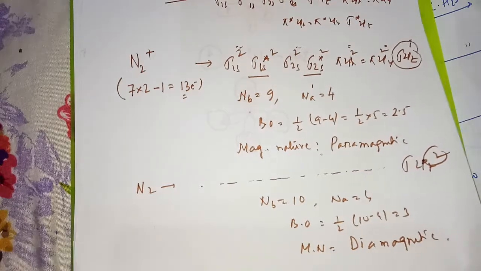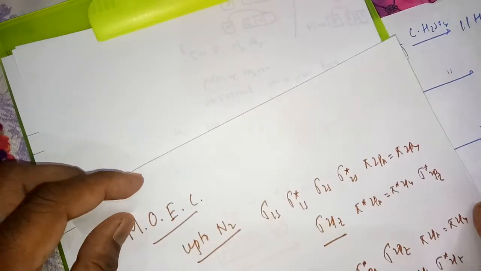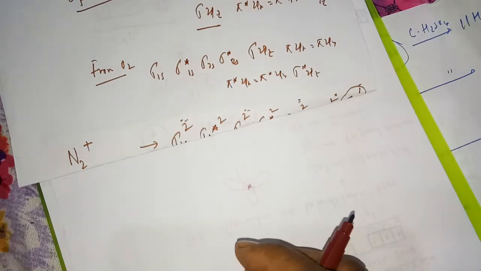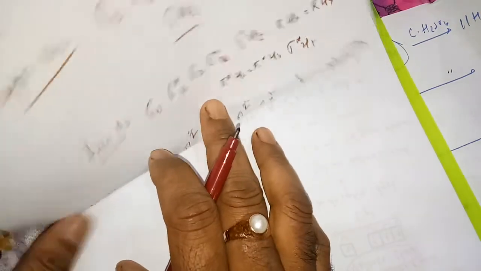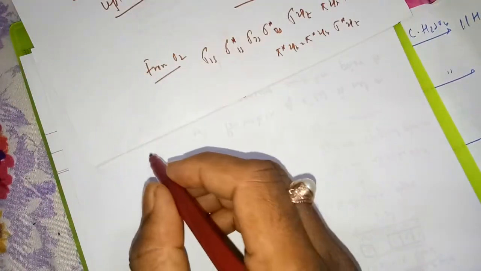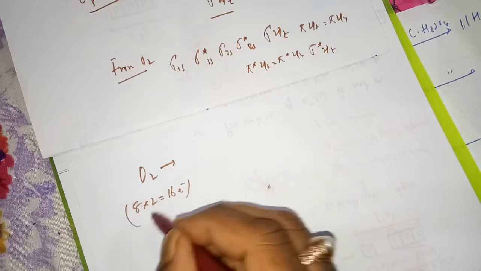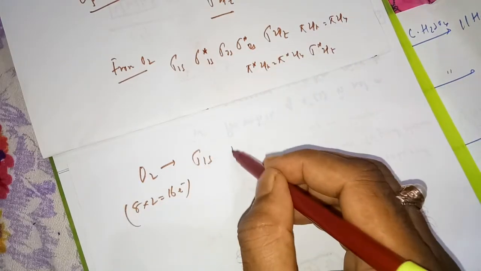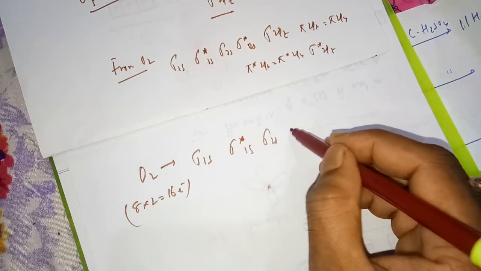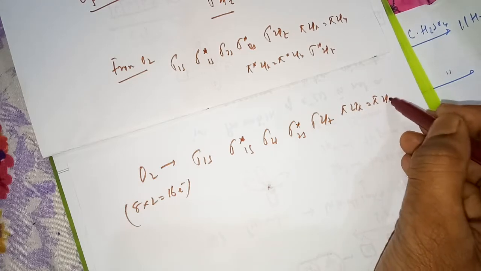So like that, if you want to write the electronic configuration of O2, having 8 plus 8, 16 electrons, the pattern will be followed like that: sigma 1s, sigma star 1s, sigma 2s, sigma star 2s, sigma 2pz, pi 2px, pi 2py.